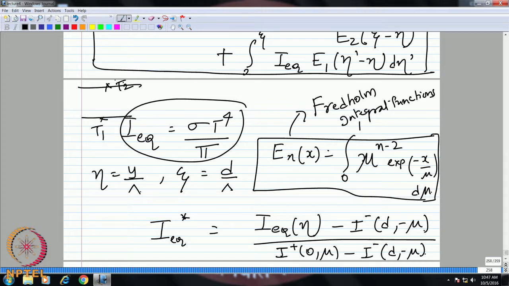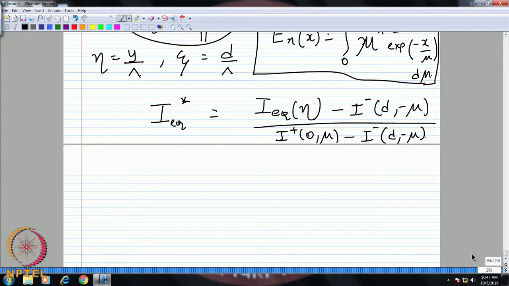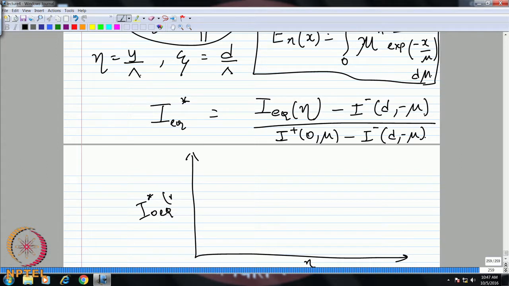That is dictated by the temperature boundary conditions at the top and bottom. If I normalize and plot the normalized temperature versus eta, that is the local variation of temperature with position. This value will be between 0 and 1, it cannot exceed the boundary values. At Knudsen number of 0.1, what will you expect?